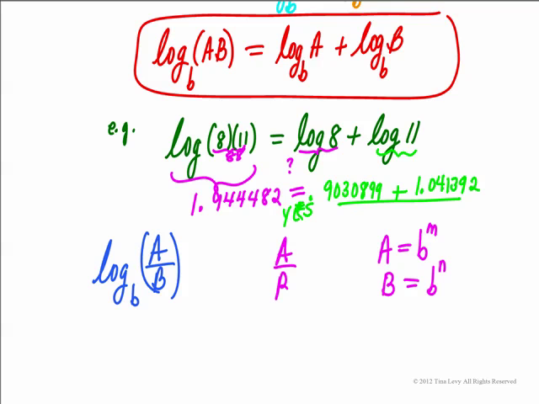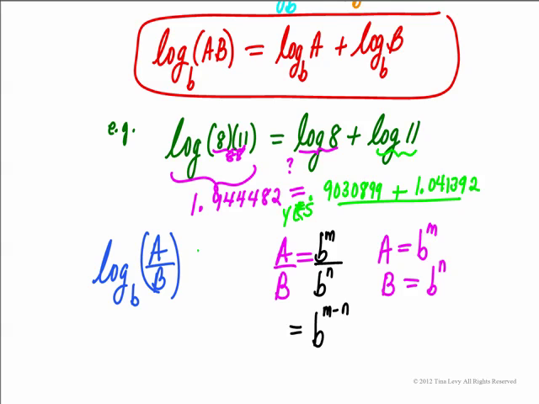If I do A over B, I'm doing b to the m divided by b to the n. And from our rules of exponents, we know that we can subtract those exponents. So A over B becomes b to the m minus n.